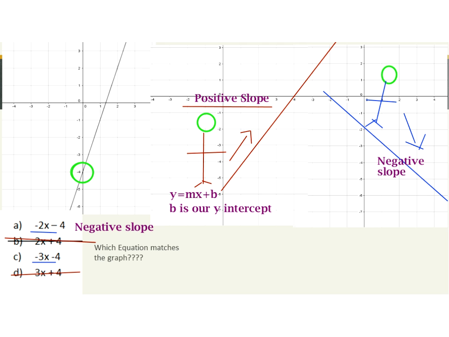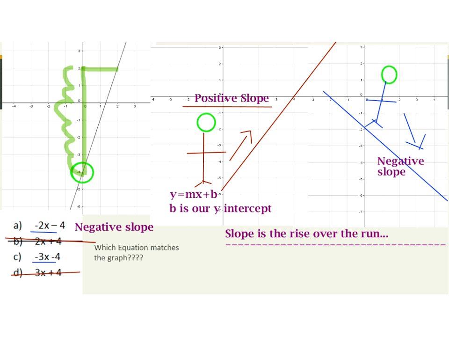Slope is always rise over the run. Remember that. I even have a slope song. Slope is the rise over the run, the distance up or down divided by the distance side to side. So let's count. We're going to make our little triangle like this, and we always use points that we can easily identify. We're going to go up how many units? 1, 2, 3, 4, 5, 6 units up, and 2 units to the right.